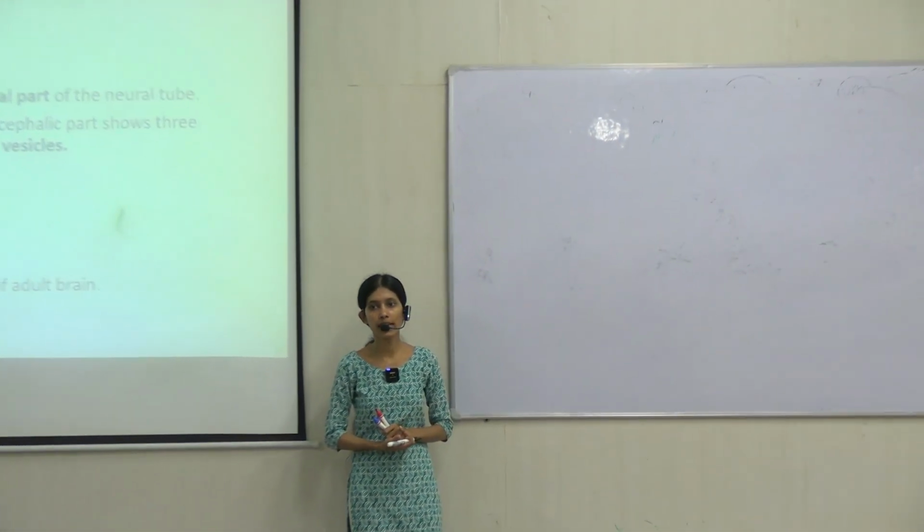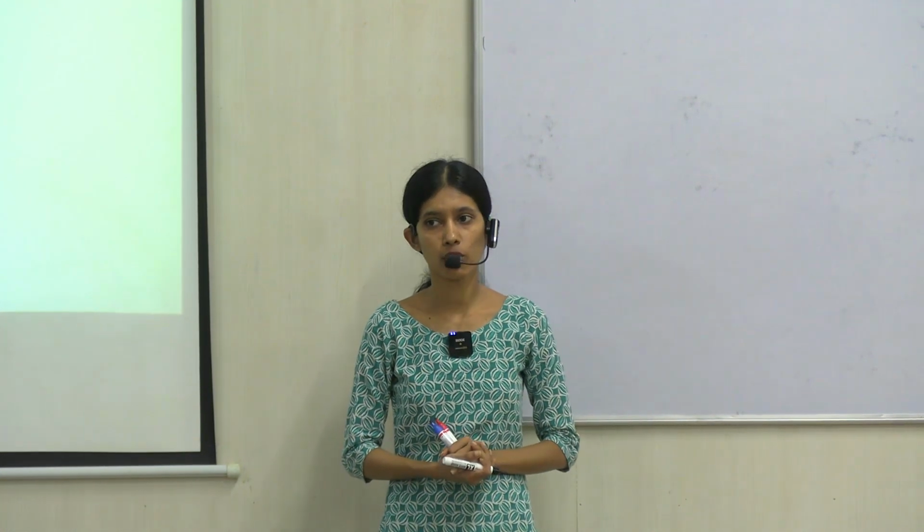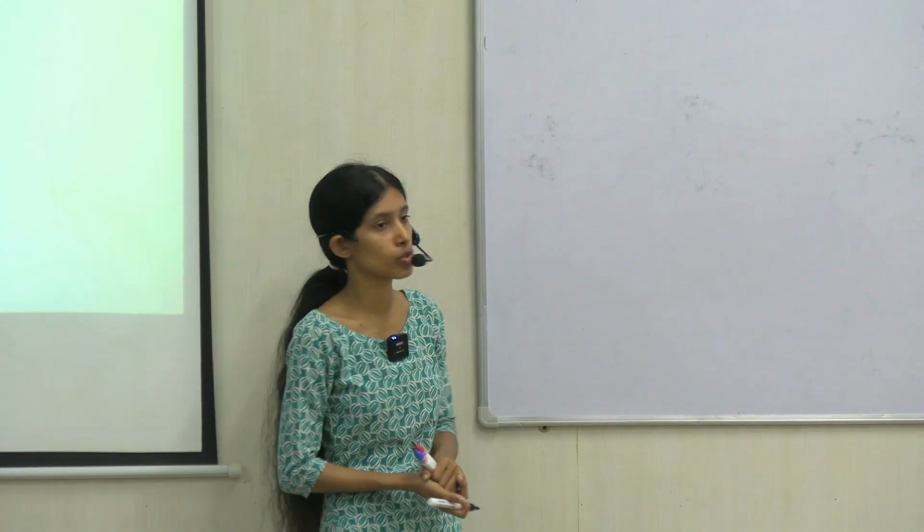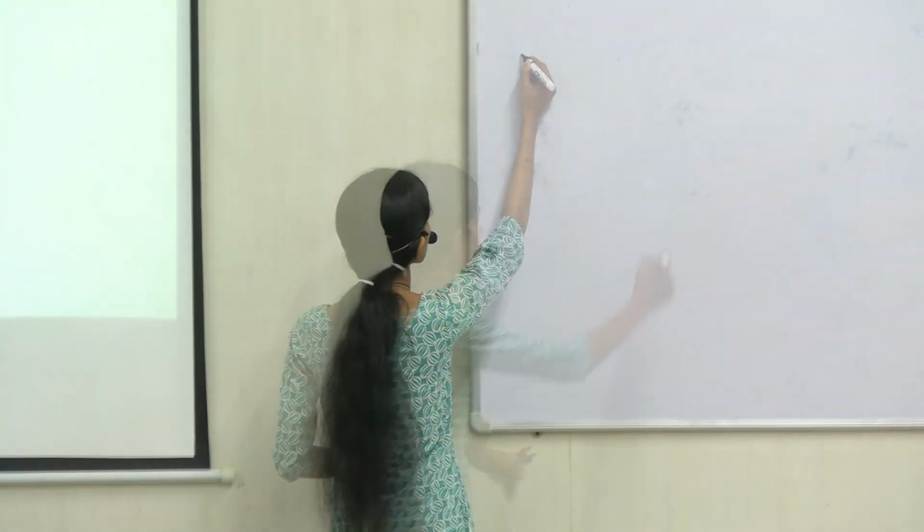By the end of the 4th week, we can see the development of the neural tube, neural crest cells, and also ectodermal placodes. What is the procedure for neural tube formation? It is called the neurulation process.